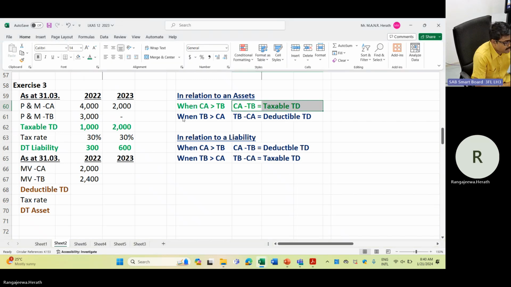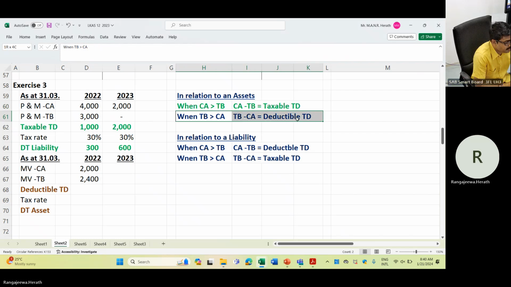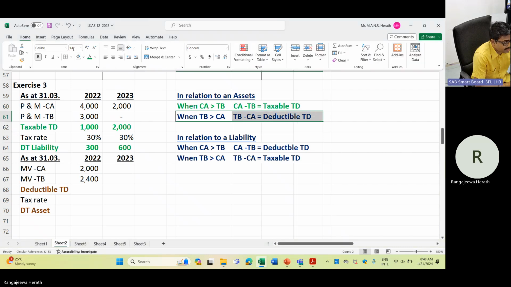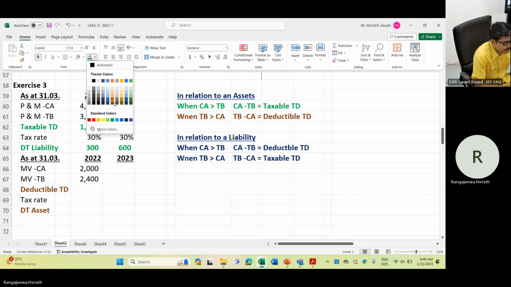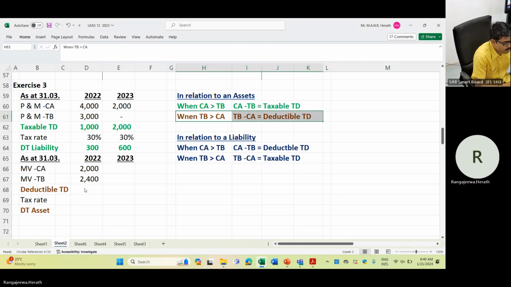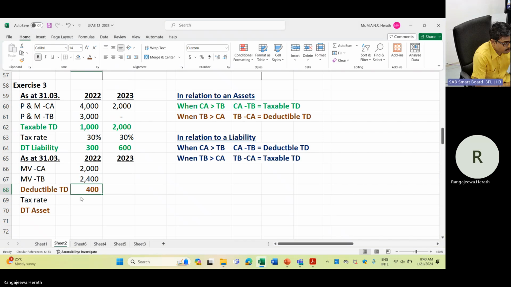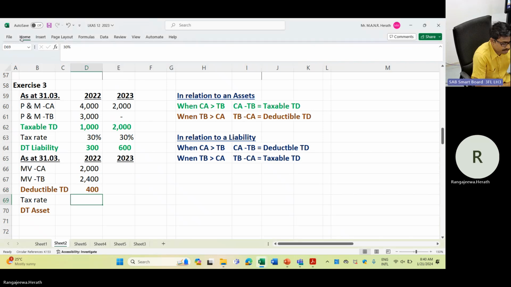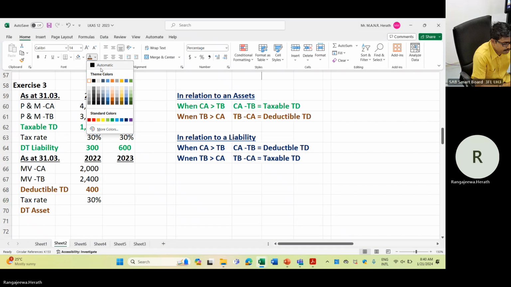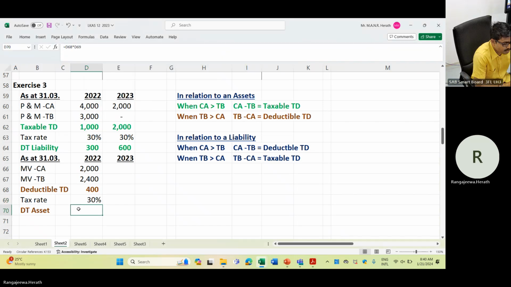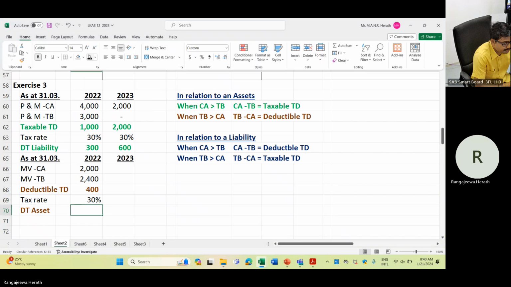When tax base is greater than carrying amount, the difference is deductible temporary difference. Take this 400 difference as deductible temporary. So multiply it by the tax rate 30%. You get the deferred tax asset.